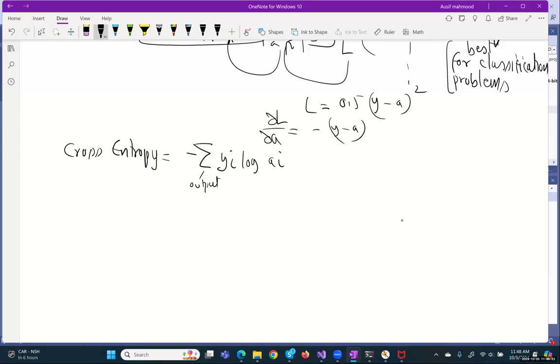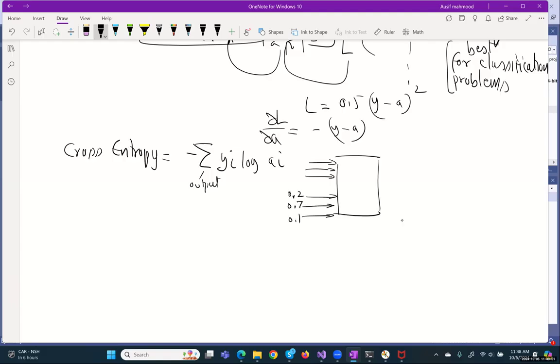So to give you an example, so that you understand what this means, suppose there are 3 outputs, which means there will be 3 target values. Suppose the outputs are at some point in time 0.2, 0.7, 0.1.